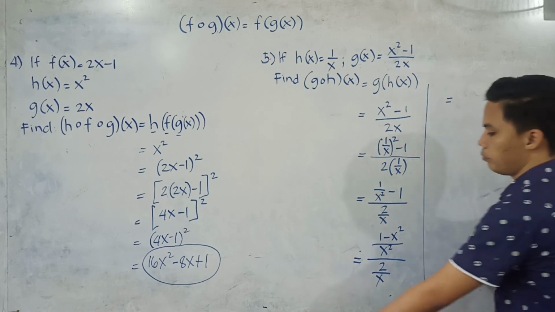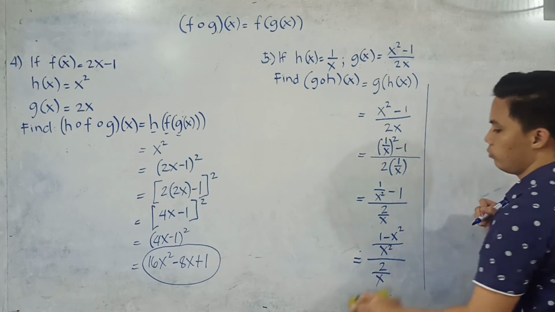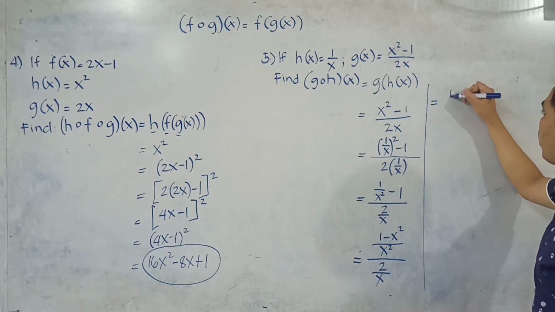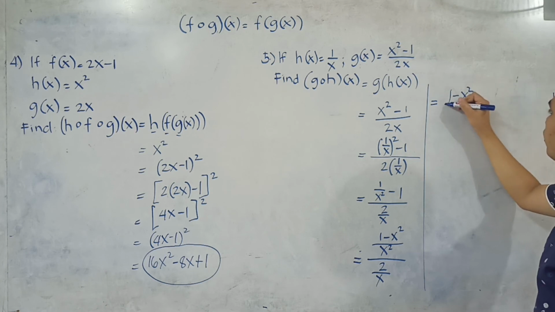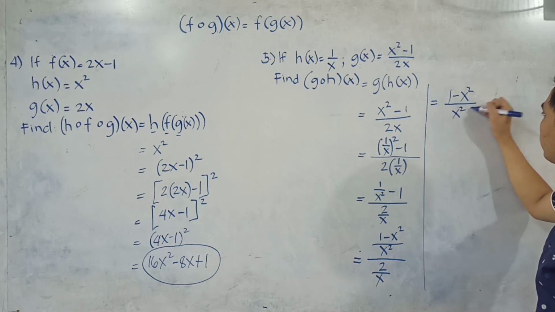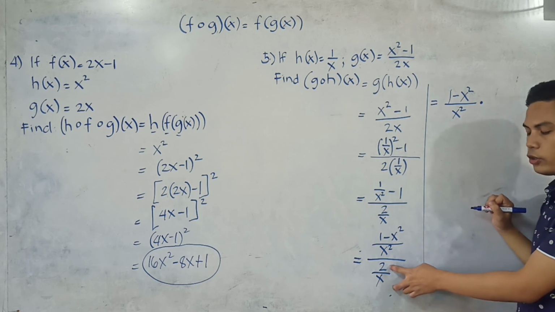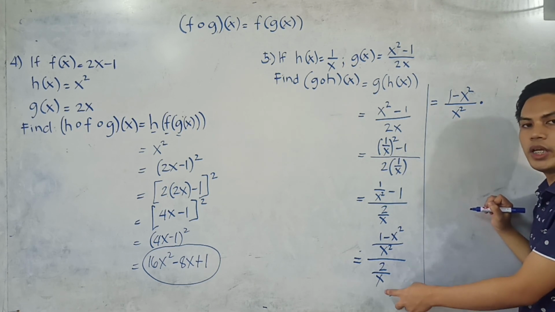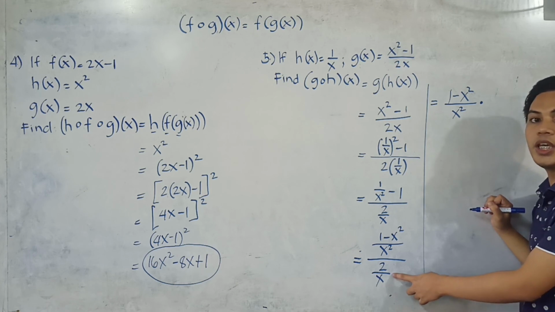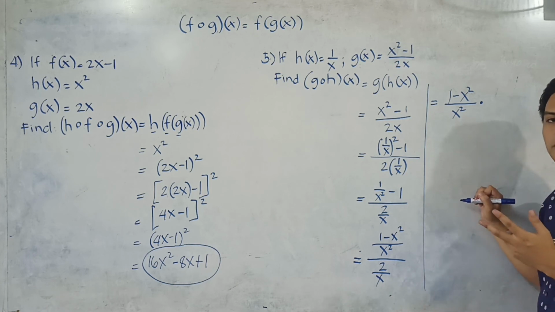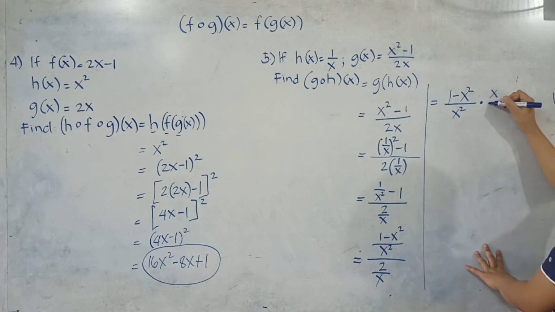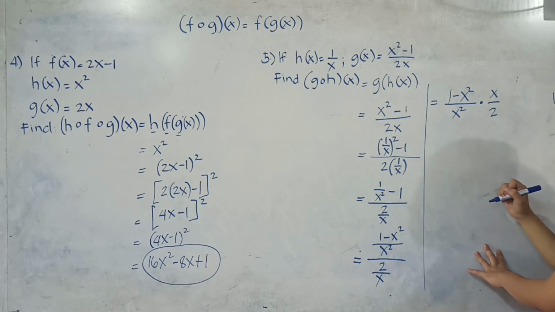You will have 1 minus x squared all over x squared. Times. Ano yung reciprocal ni 2 over x? So pag sinabing reciprocal, ang numerator magiging denominator, ang denominator magiging numerator. So babalik na rin lang sila. So you will have x over 2.